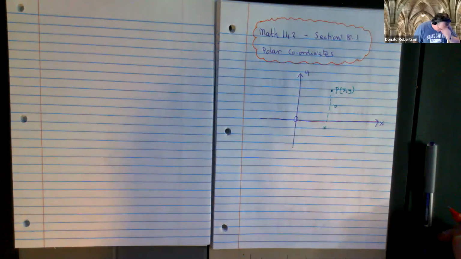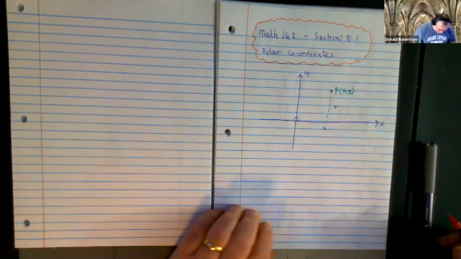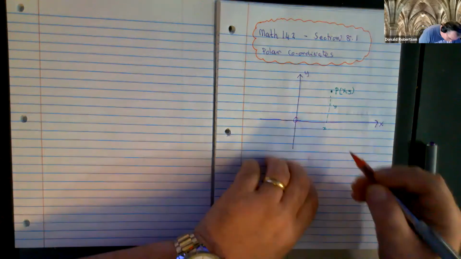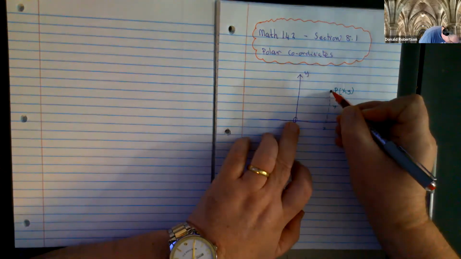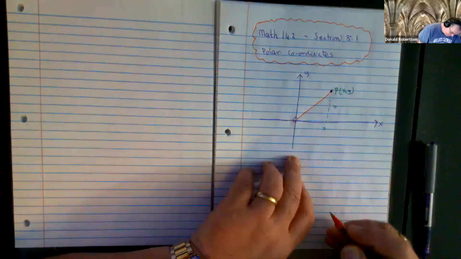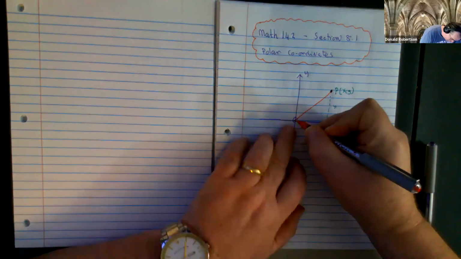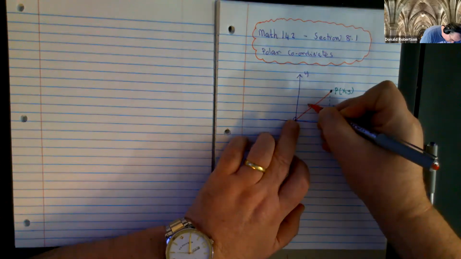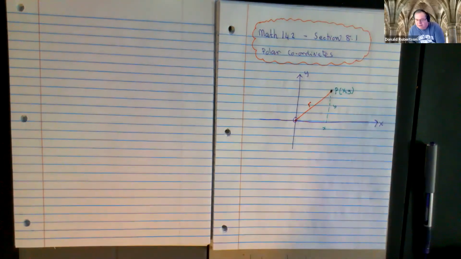But there is another very common way of telling someone where a point is in two-dimensional space, and it's called polar coordinates. What you do is you take the point and you draw a straight line to that point. The distance from there to there, we call that distance r, like r in a radius of a circle, right?